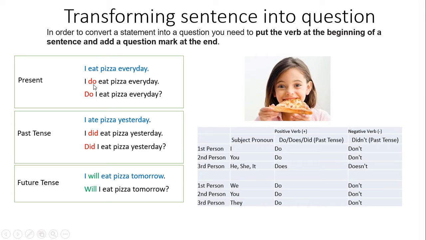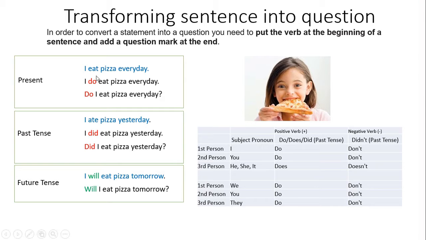From here to here, you just exchange the position of the two words, the pronoun I and the verb do. So from I do eat pizza every day, it will become Do I eat pizza every day? with a question mark. So that's how you easily convert a sentence into a question.